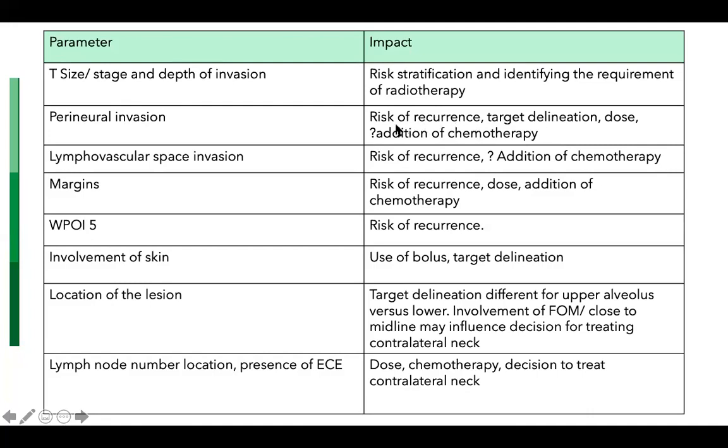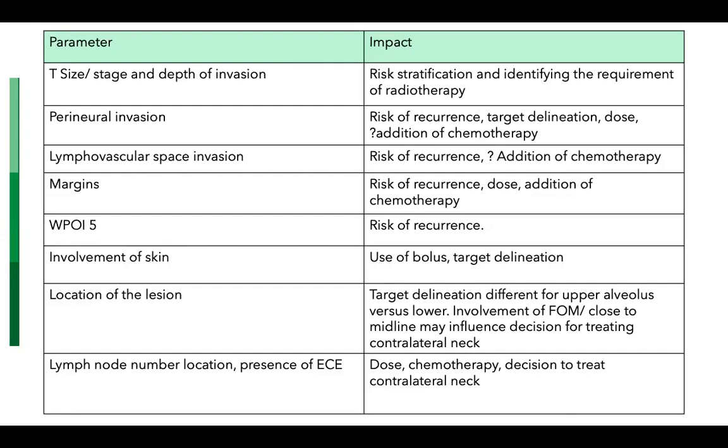So we know that the meta-analysis of Bernier and Cooper showed that concurrent chemoradiation was helpful in patients who are either ECE positive or margin positive. However, in the European part of the trial, the Bernier trial, there had been significant benefit of adding chemotherapy in patients with perineural invasion, lymphovascular space invasion, oral cavity tumors with level 4 involvement.